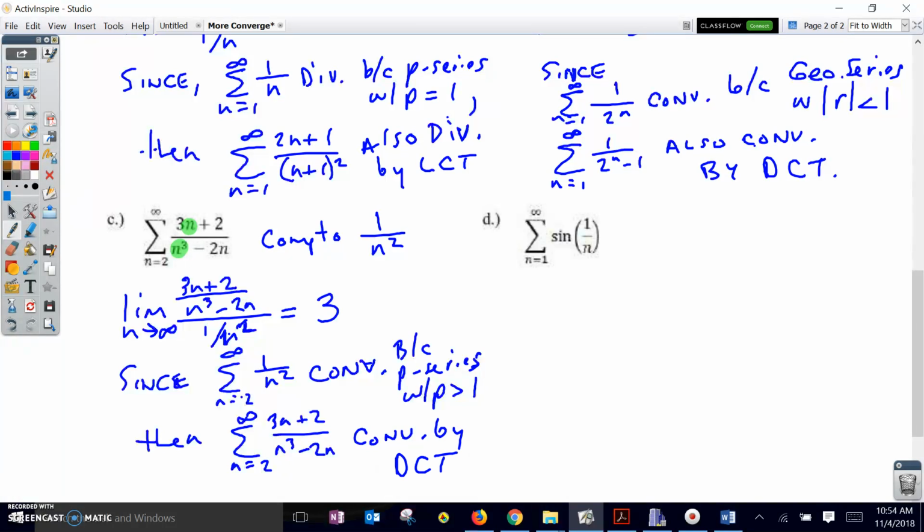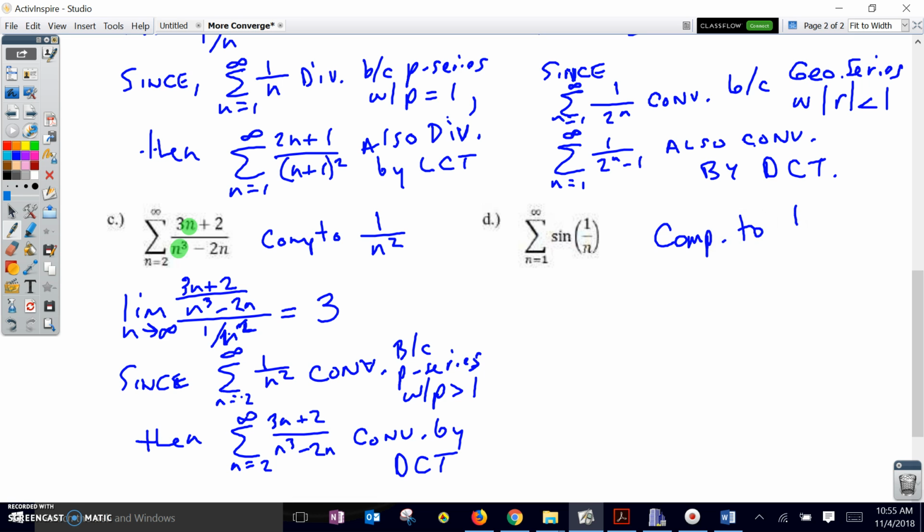Alright, now, example D is unlike any of the other examples we looked at before. It is not just a rational function. So as far as comparisons go, we're not really sure right here what we want to do with this. This is kind of a neat comparison.